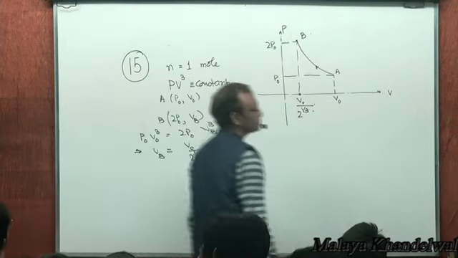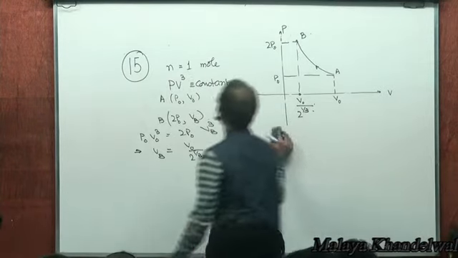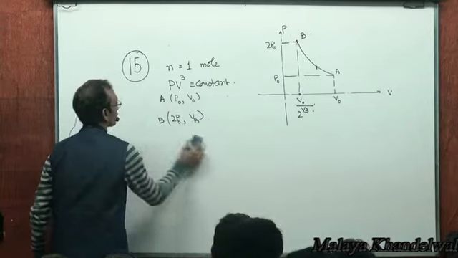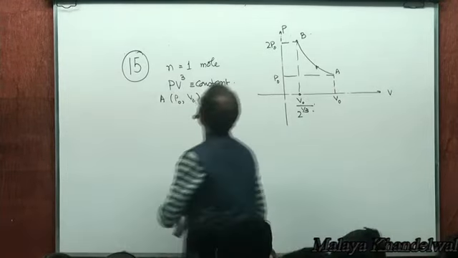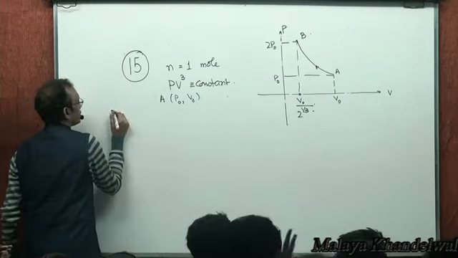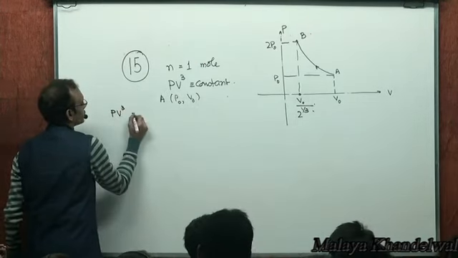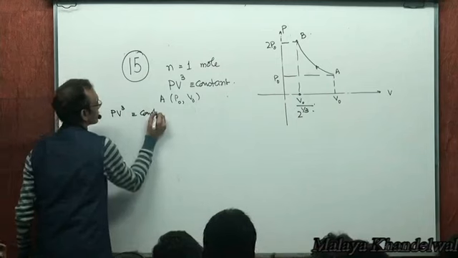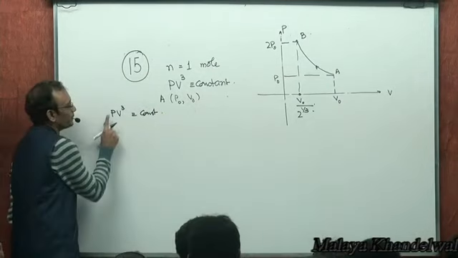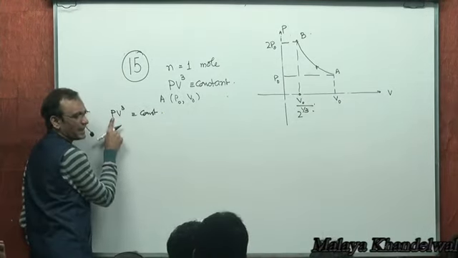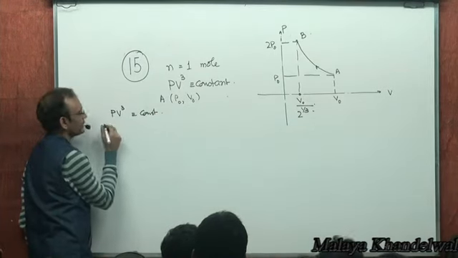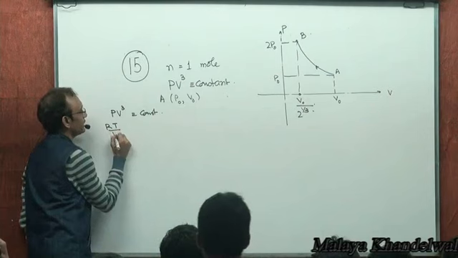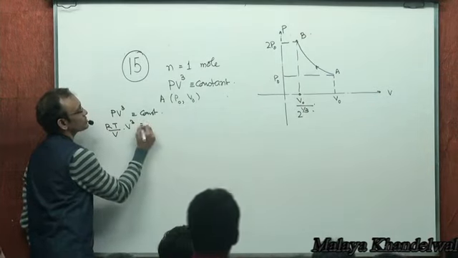Now, realize PV cubed equal to constant. P can be written as nRT by V. N is 1, so RT by V into V cubed must be constant.